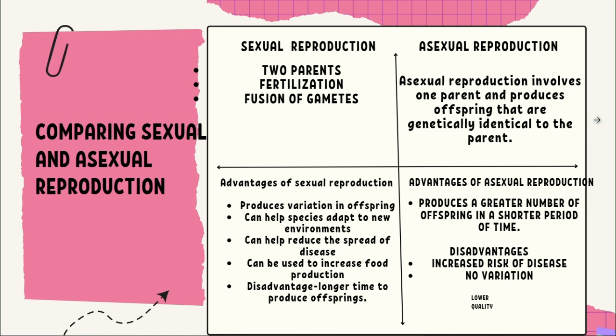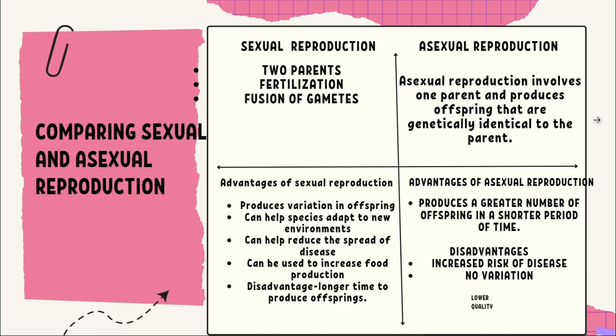Okay, so let us compare them more in depth. You have sexual reproduction and asexual reproduction, and we want to see both the advantages and the disadvantages of each type. In sexual reproduction, as we said before, it involves two parents, fusion of gametes, and fertilization.